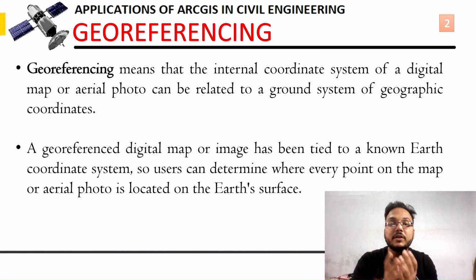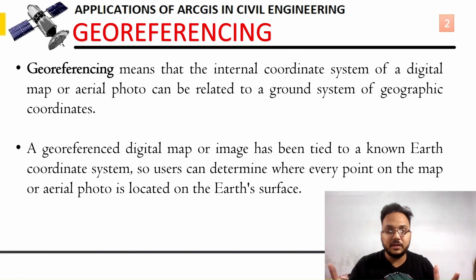Also, a georeferenced digital map or image has been tied to a known earth coordinate system. So a georeferenced image is always set up with some known coordinates of the earth coordinate system, and users can determine where every point on the map or aerial photo is located on the earth's surface.